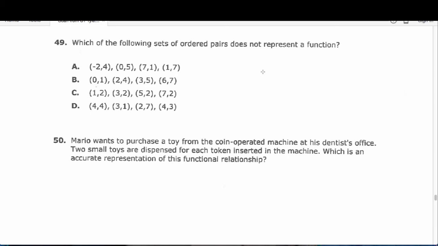C. 1, 2, 3, 2, 5, 2, 7, 2. D. 4, 4, 3, 1, 2, 7, 4, 3.